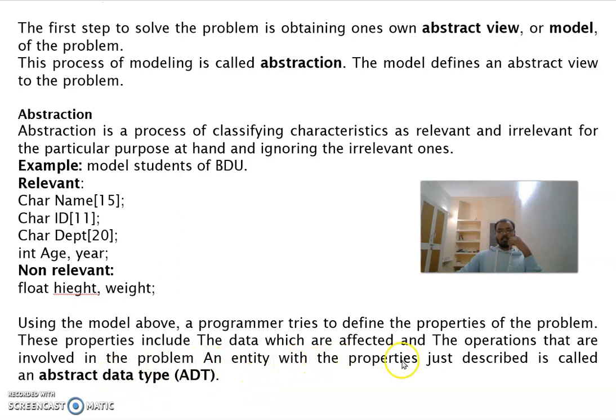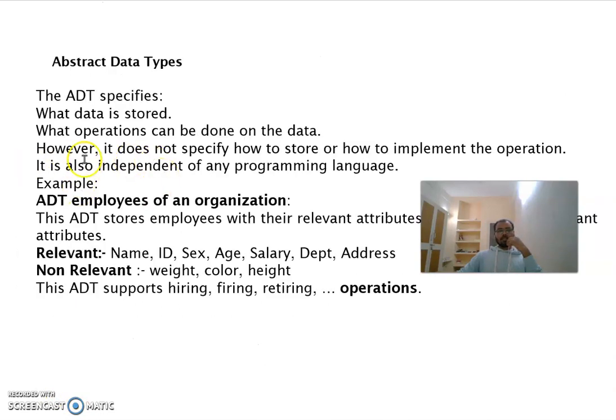An entity with the properties just decided is called an abstract data type. What's an abstract data type? An ADT specifies what data is stored. Our abstract data type can specify what data is stored and what operations can be done on the data.